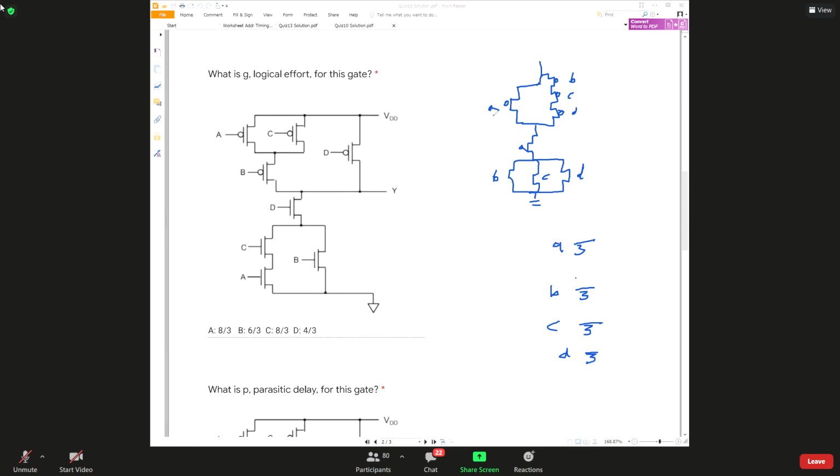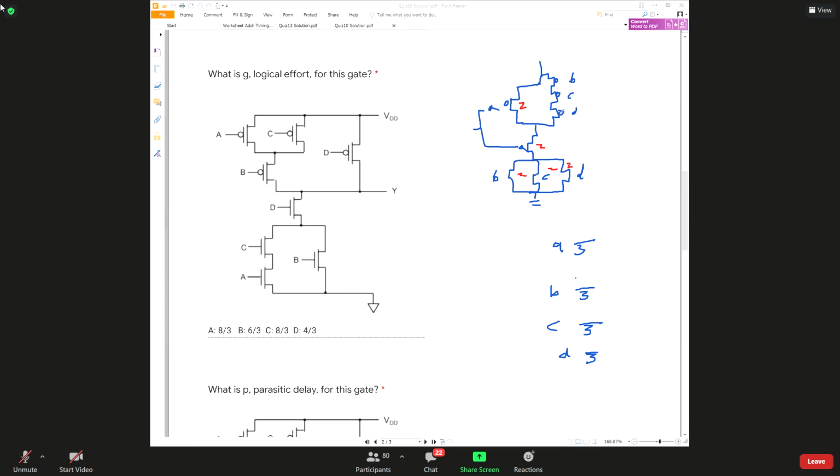Look at A. What is the capacitance on your input? Before you answer that question, I think you should just annotate each one of these and say, this should be worth 2x. This should be 2x, 2x, 2x, 2x. How big should this be?